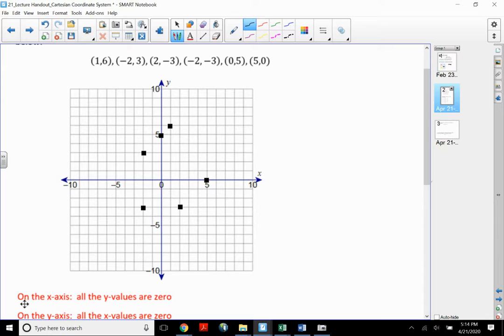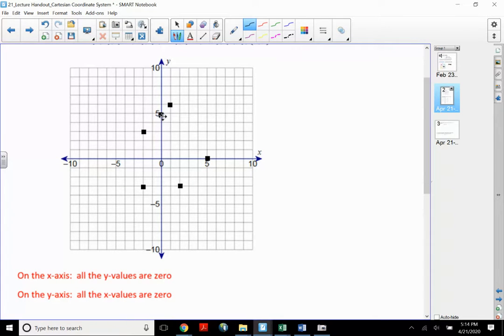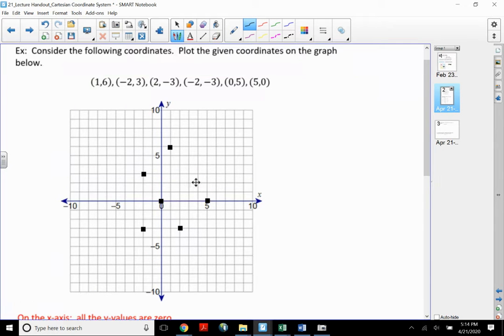Very, very important: every single point on the entire x-axis has a y value of 0. If I go to the right 1, that's 1 comma 0. To the right 2 is 2 comma 0. If I start from the origin and go to the left 1, that's -1, 0, -2, 0, -3, 0. So on the x-axis, all the y values are 0. That means on the y-axis, all the x values are 0.